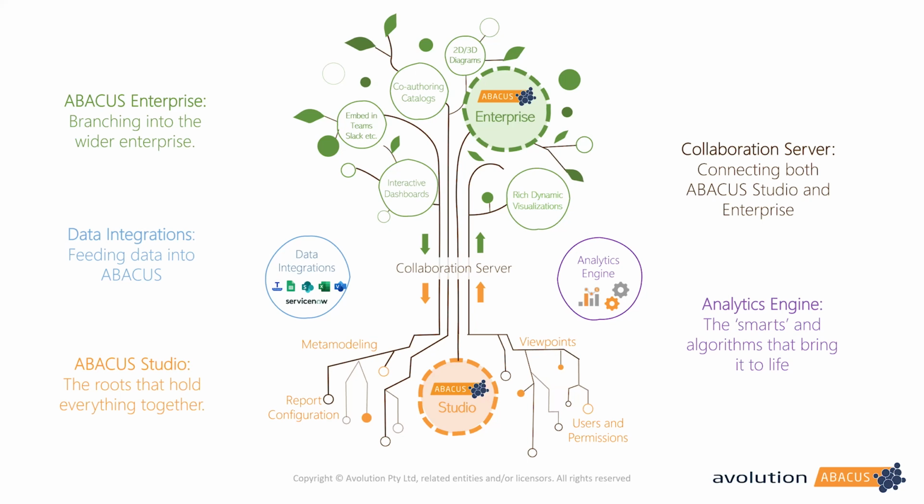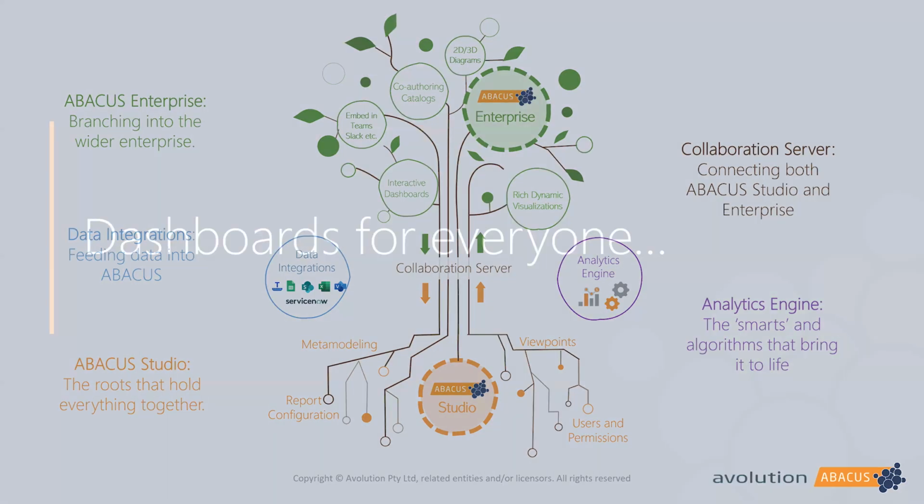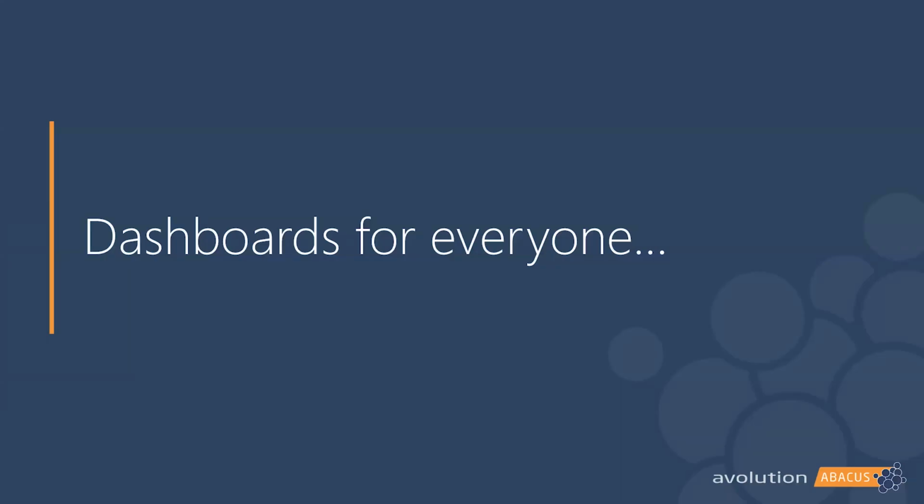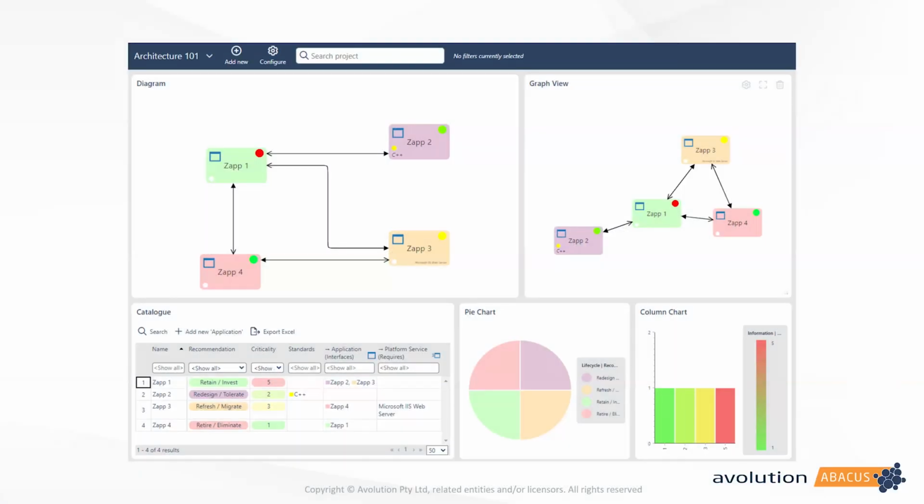Now for today, really around the modeling aspects, one of the things that we want to emphasize and maybe draw some attention to is the idea that we can actually start building dashboards in Abacus for everyone to leverage. Now, what this really means is dashboards are a collection of visualizations. So we might want to include diagrams, so models we're drawing.